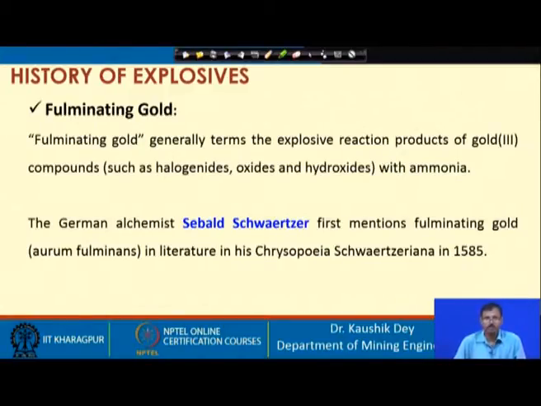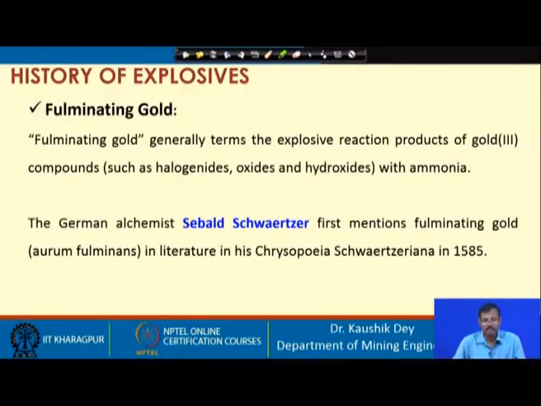It was found that gunpowder has to be lit with a flame, and if the gunpowder is moist, or in rainy conditions, you cannot explode it. So people found that there must be some other explosive which can be used in such cases, where water or moisture should not be a problem.